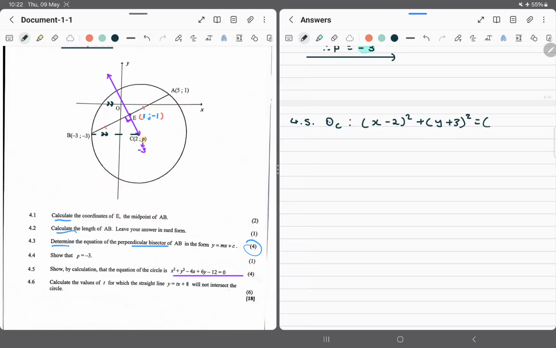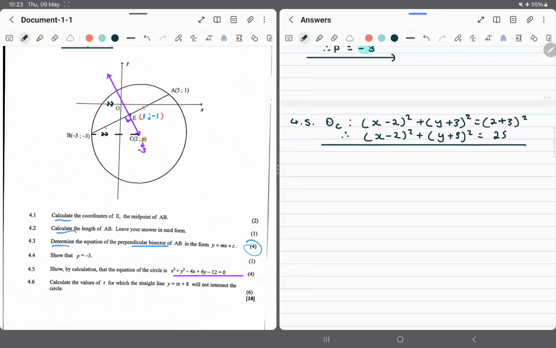Now this one, it's as simple as taking the x coordinate at C and subtracting the x coordinate at B, because we don't need to be suffering here, and no one must be asking any more questions now. Therefore, x minus 2 all squared plus y plus 3 all squared is equal to, this is now 25. And that is our equation, okay?